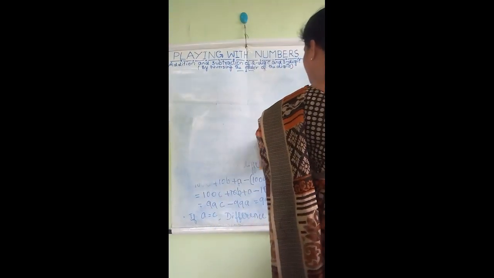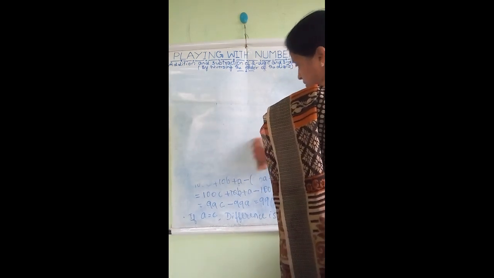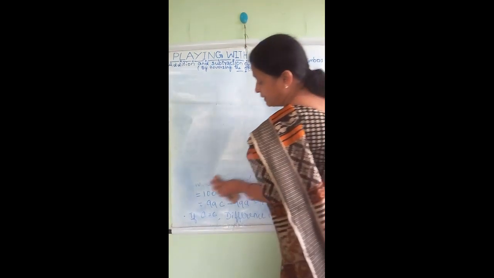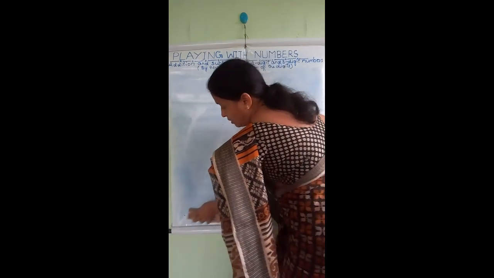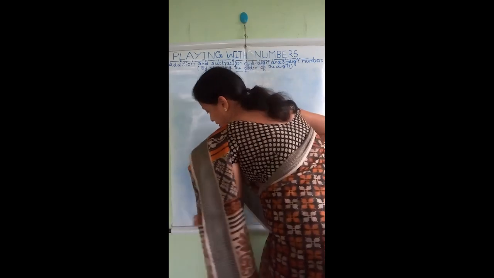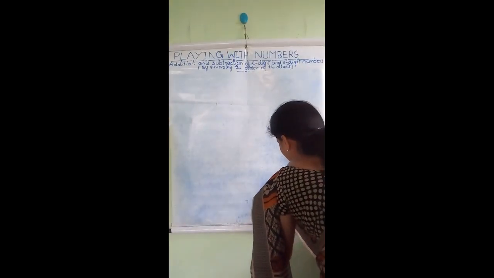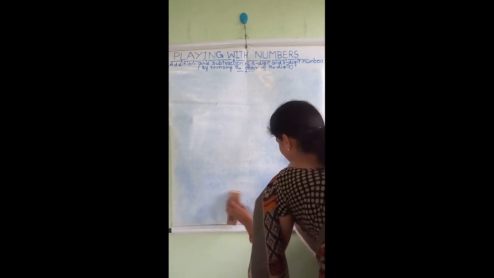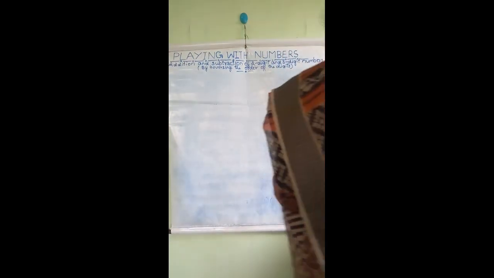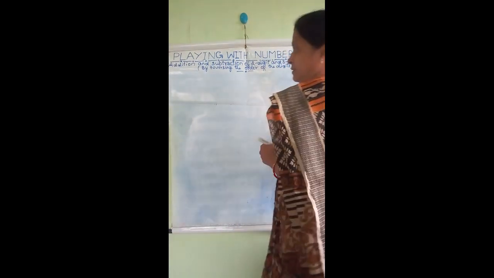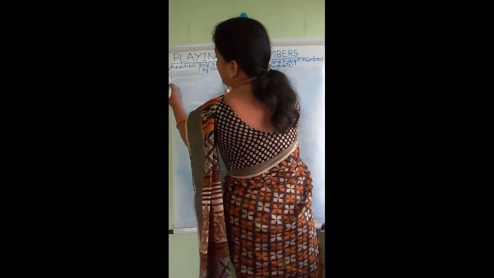Still, if there is any doubt, you can contact me personally, or after teaching this, let us keep one video for solving the problems related to all types: addition and subtraction of 2-digit numbers, then 3-digit numbers. Now let us see examples related to this.